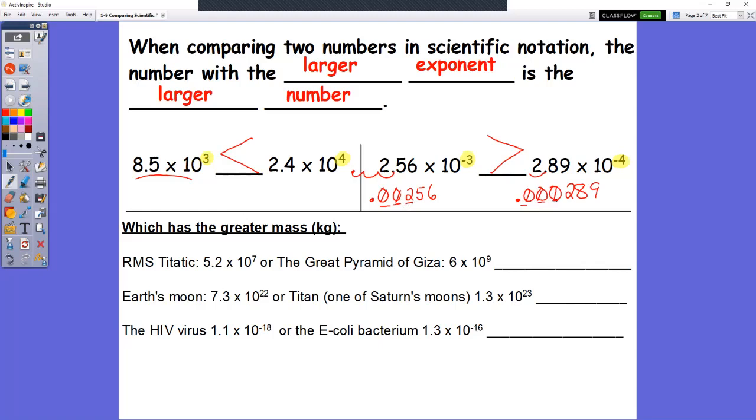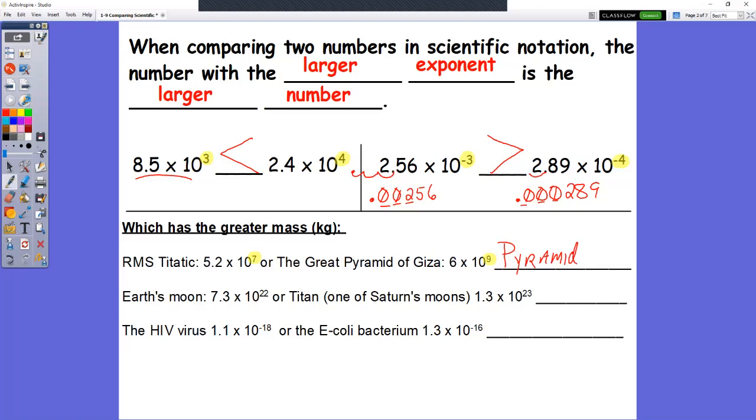Okay. Which has the greater mass? The Titanic, which is 5.2 times 10 to the 7th, or the Great Pyramid of Giza, 6 times 10 to the 9th. By comparing the exponents, 10 to the 7th versus 10 to the 9th, the pyramid has the greater mass.